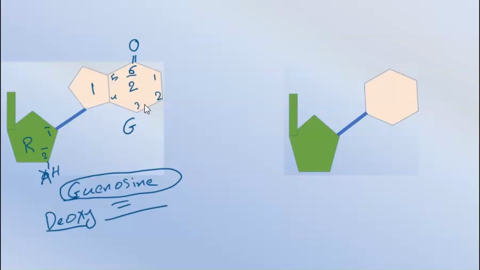Okay, what's this? In fact, you know what? I'm not going to draw anything. What is this here? This is 2'. Here, again, 1', 2', 3', 4', 5', just so you don't forget. And this is the carbon number 6 on the nitrogen base.